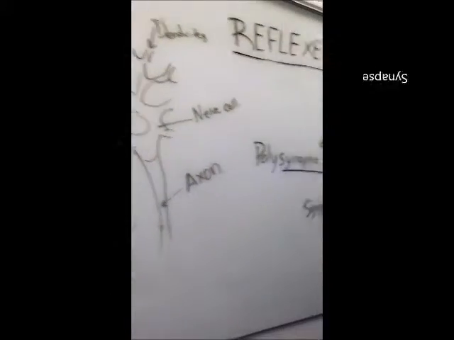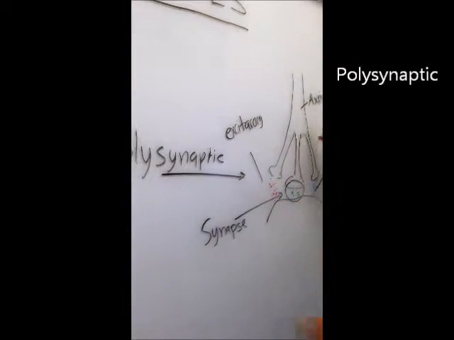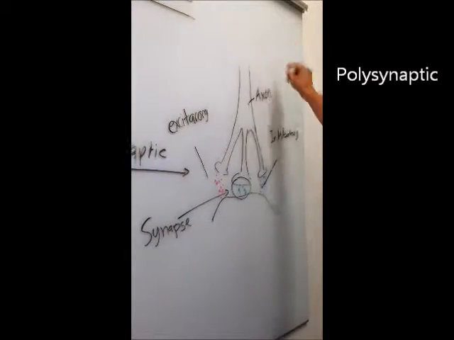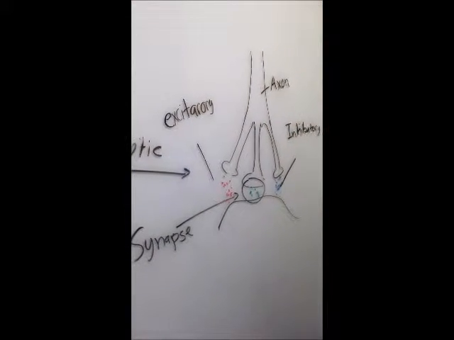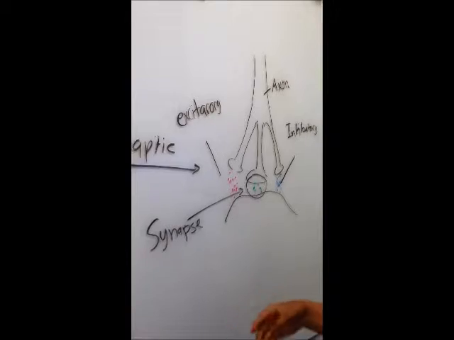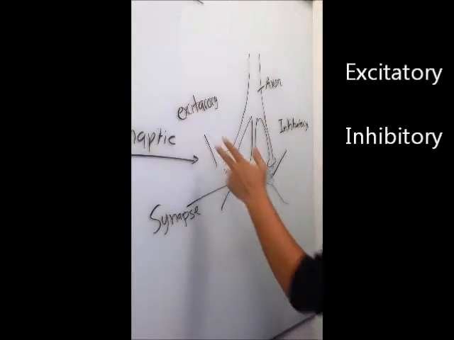And if you move here, you can see we have a polysynaptic axon. So in a nerve cell, this is the axon. This is where the neurotransmitters are going to go down. And you basically have more, but you have two different types of synapses. You have excitatory and inhibitory.